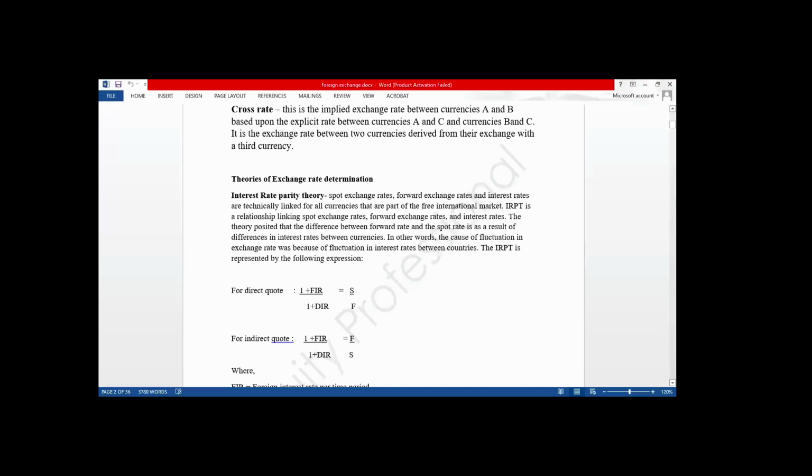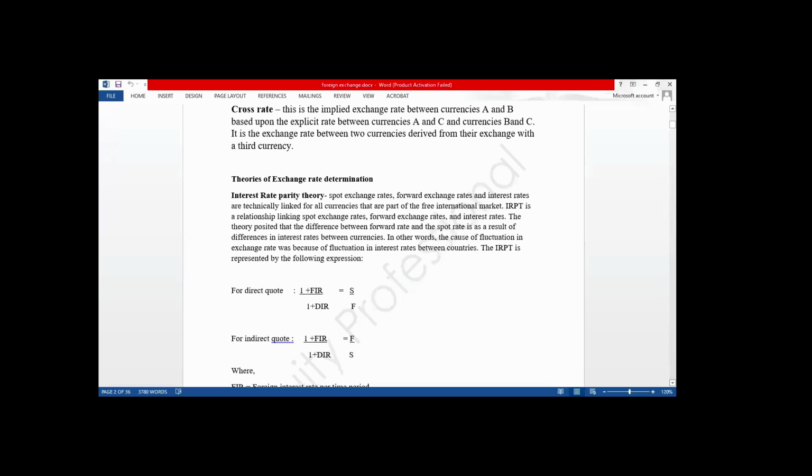For example, according to this theory, a country with higher interest rates has its currency value depreciating compared to a country with lower interest rates.